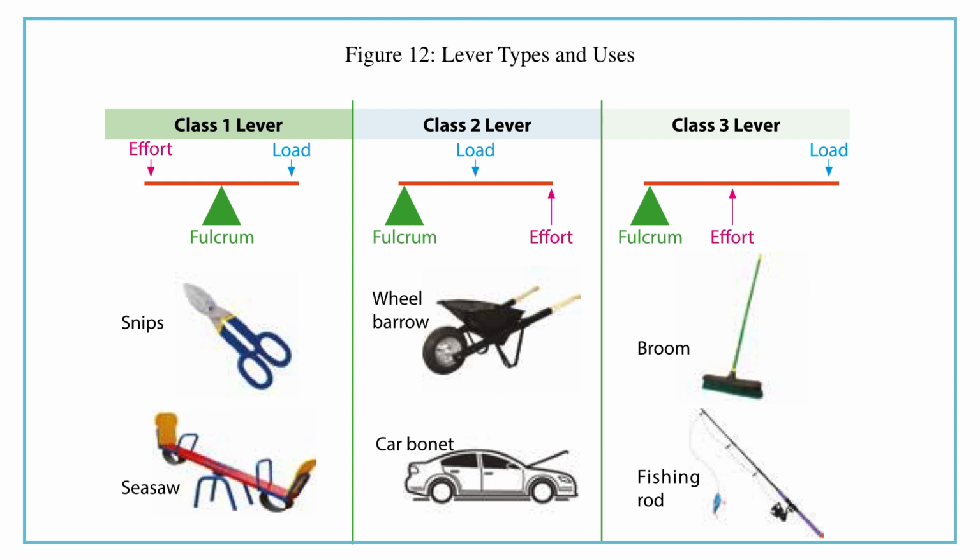Examples of class 1 levers are snips and a seesaw. Examples of class 2 levers are a wheelbarrow and a car bonnet. And examples of class 3 levers are a broom and a fishing rod.